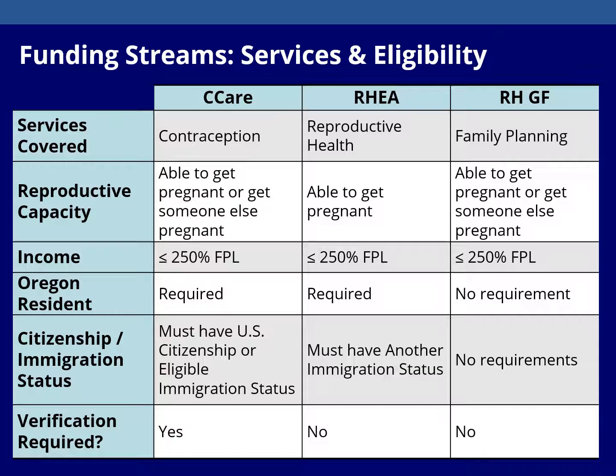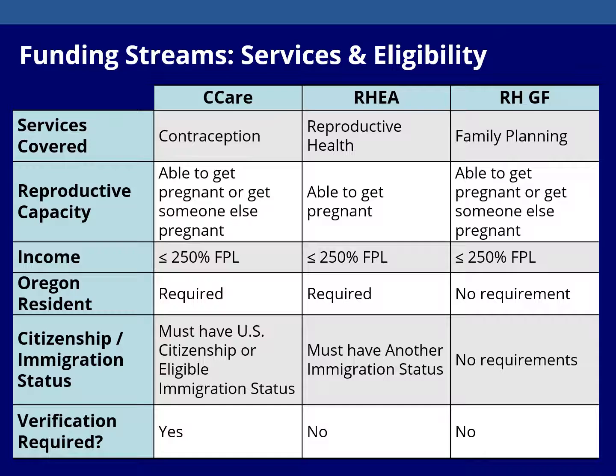Finally, the Reproductive Health State General Funds cover family planning services and require that the client either be able to get pregnant or get someone else pregnant and be at 250% of the federal poverty level. There are no requirements about residency or citizenship or immigration status, nor does it require verification.